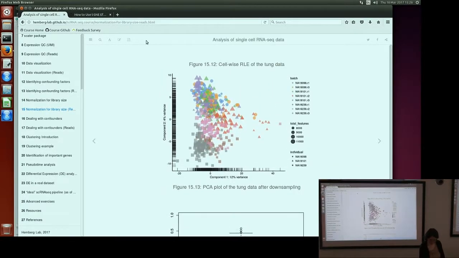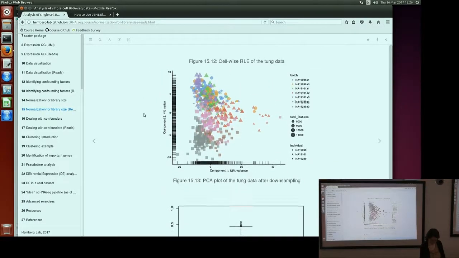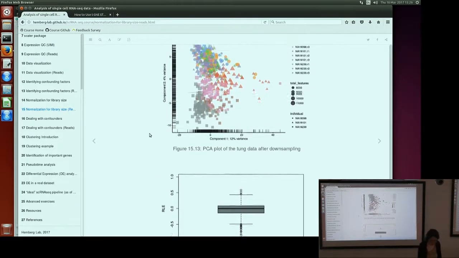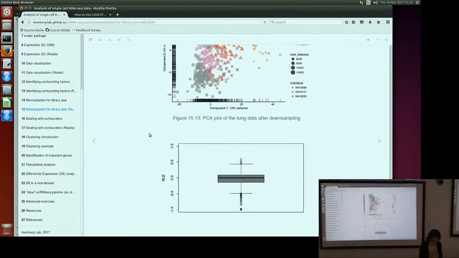And downsampling. We've also done some downsampling on this one, and here the downsampling doesn't seem to have corrected very much for this data set.